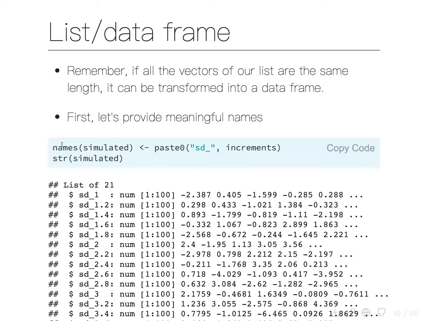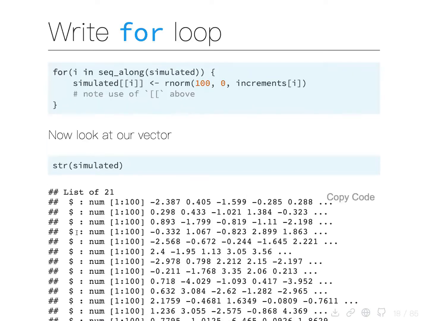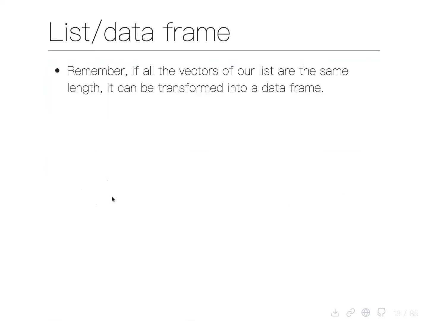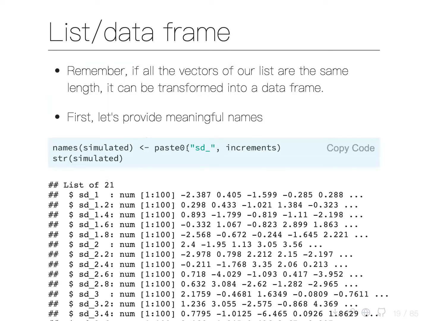So I'm saying the names of simulated, if we go back here, right? They don't have names right now. There are no names for this list. So I'm saying paste together SD underscore with increments, right? And I'm saving that as the names. So the names are now SD_1, SD_1.2, SD_1.4, etc.